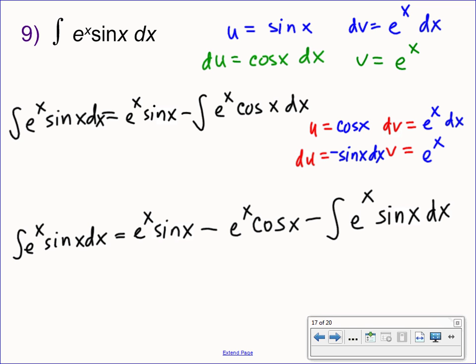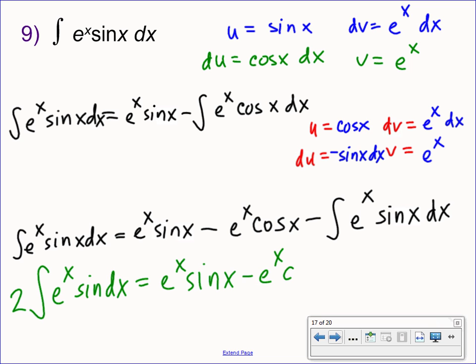So let's add this to both sides like we would if we were solving for theta. I'm going to add this to both sides and get 2 times the integral of e to the x sine of x dx equals e to the x sine of x minus e to the x cosine of x.